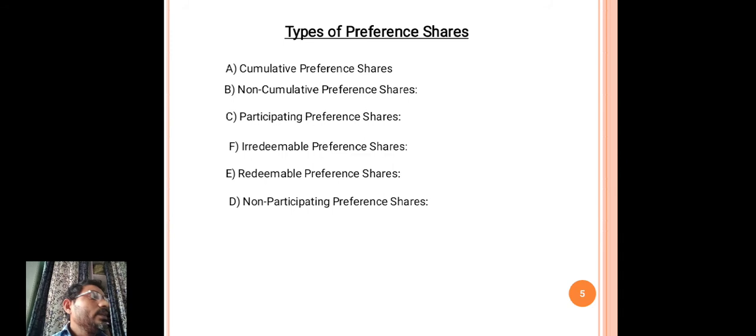And then the next one, redeemable preference shares.